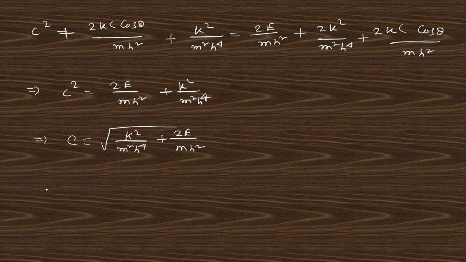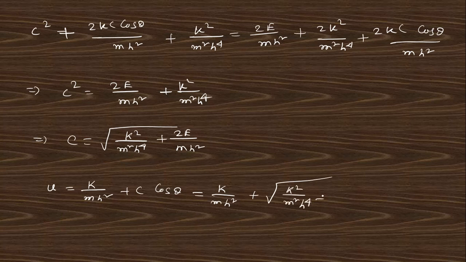Now if you put this value of c in this equation, u equals k by m h square plus c cos theta, just put the value of c, that is k by m h square plus root under k square by m square h to the power 4 plus twice e by m h square, into cos theta.